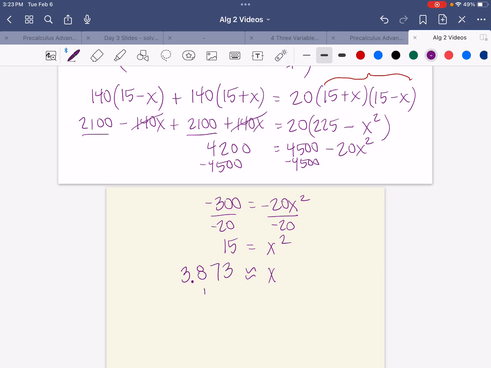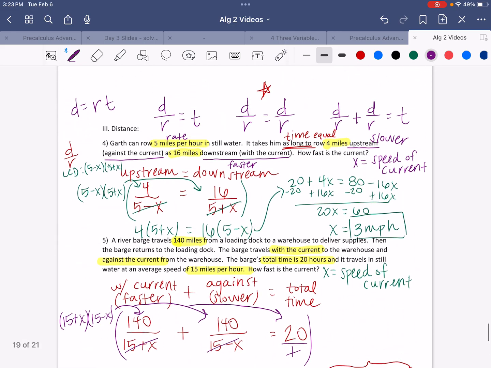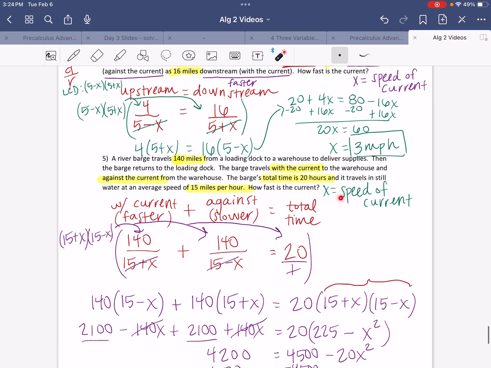So I'm going to say approximately 3.873 miles per hour. Because think about what we were actually finding. Go back up if you need to, where it says the speed of the current, so we know it has to be miles per hour.